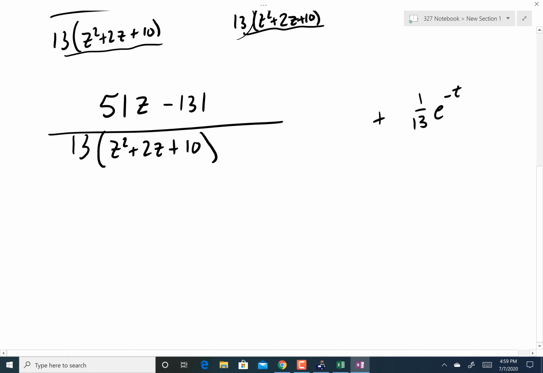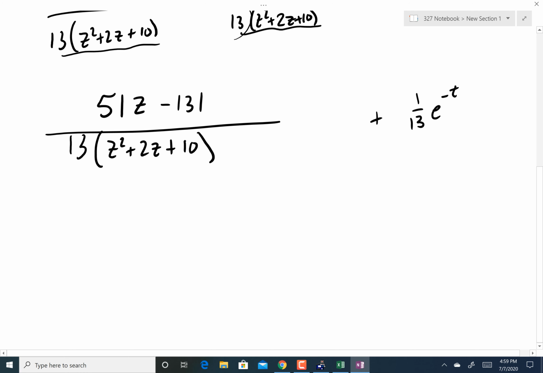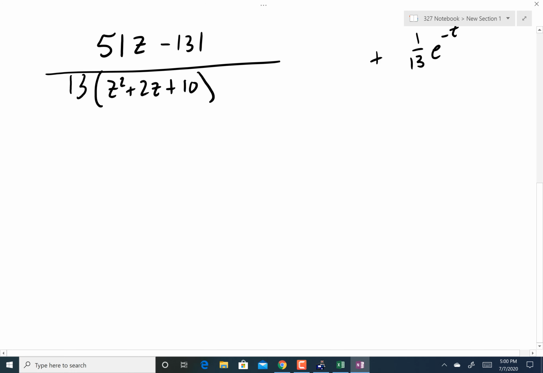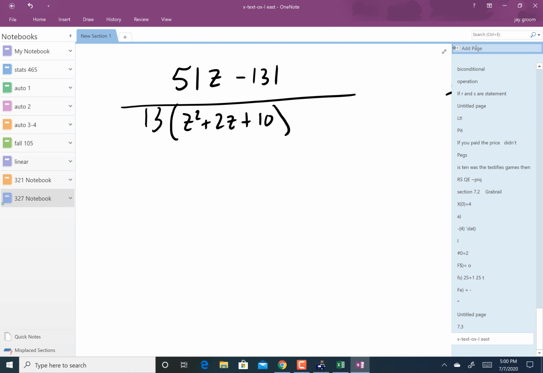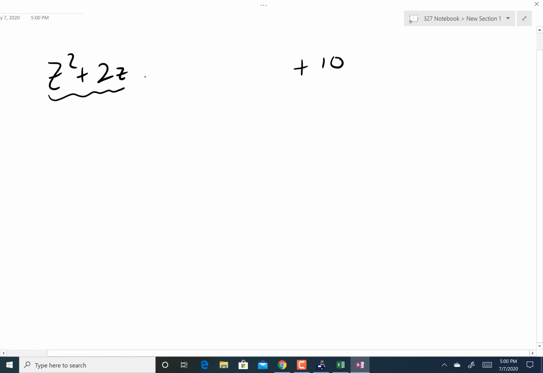Okay? Now, what we need to do is write this in a certain fashion. So what fashion, Jay? Glad you asked. We need to complete the square on z squared plus 2z plus 10. It's been a while since you've completed the square. I just moved the 10 out of my way a little bit. So how do I complete the square in this?